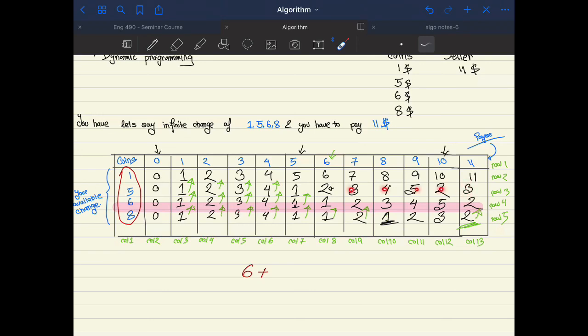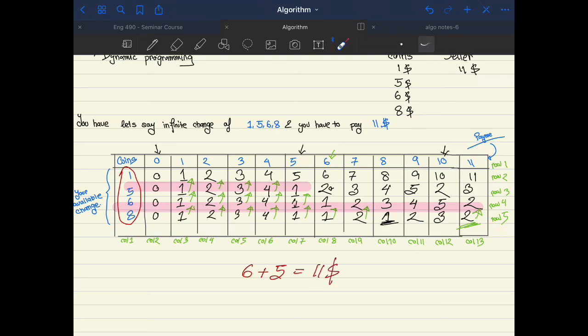So 1, 2, 3, 4, 5, 6, we go to 1. So is 1 uniquely generated? Did it come from above? No, it didn't come from above. It was uniquely generated, so we pick this row 2. That means we would be giving the seller $5. So that is $11, right?